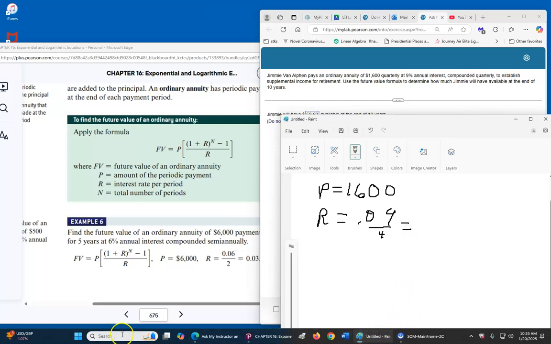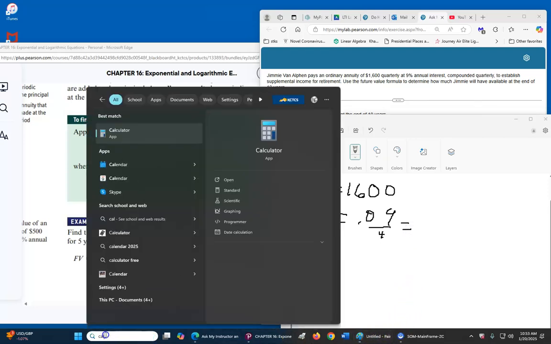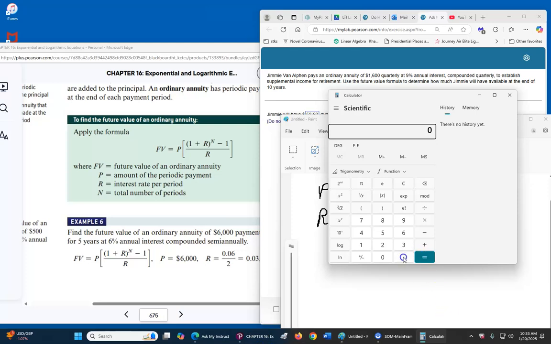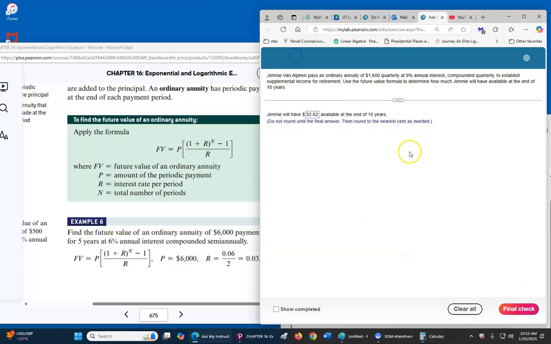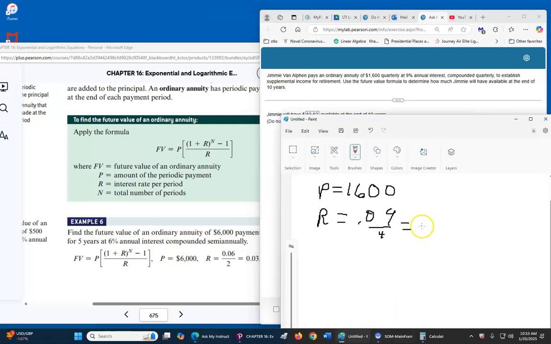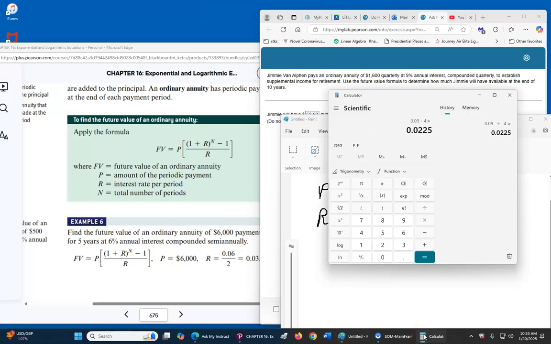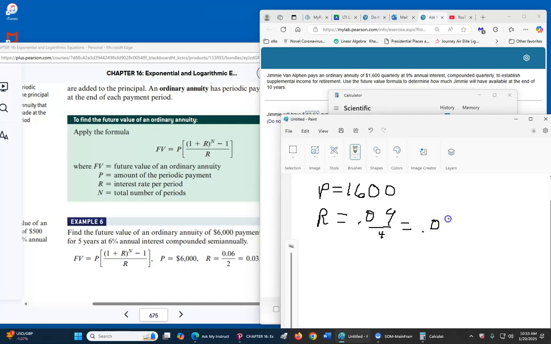So R, if I open the calculator here, 0.09 divided by 4, I get 0.0225. Let's bring back our Paint here. 0.0225.